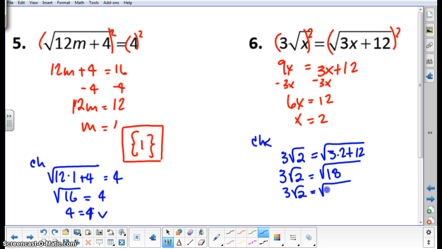If you factor that into its perfect square component and its regular component, then you get square root of 9, square root of 2, which turns out to be indeed 3 root 2. And so we can go back and put our solution is x is equal to 2.